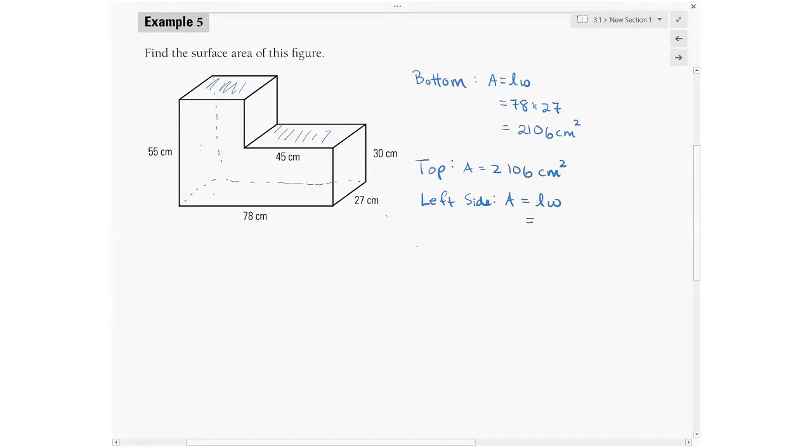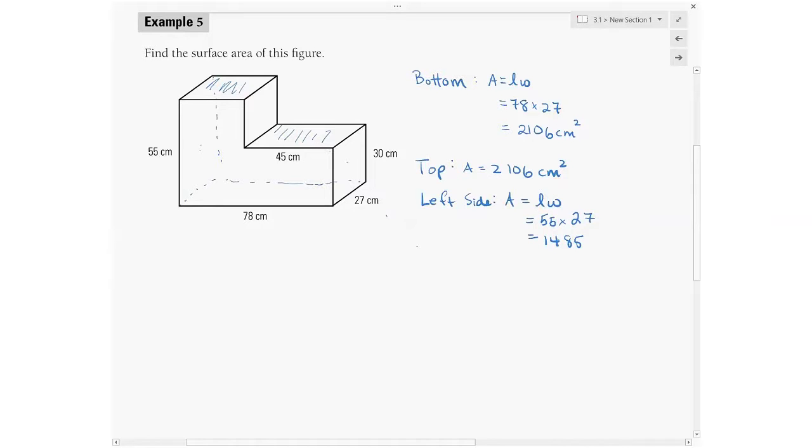This one dimension is our 55 centimeters. And the other is the depth of this figure, which is 27. So 55 times 27 gives me 1,485. Okay, so that's my left side.